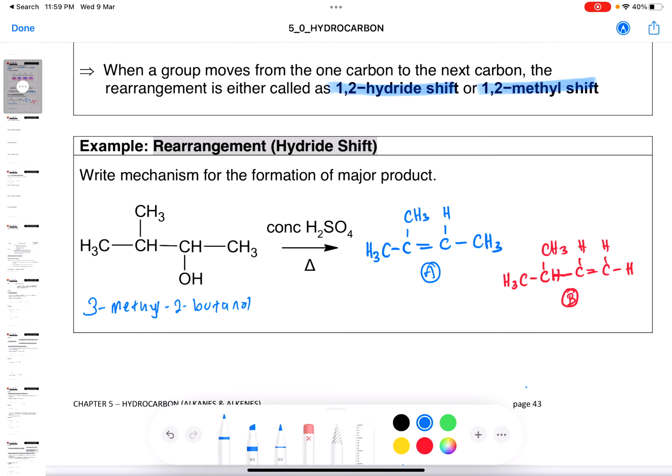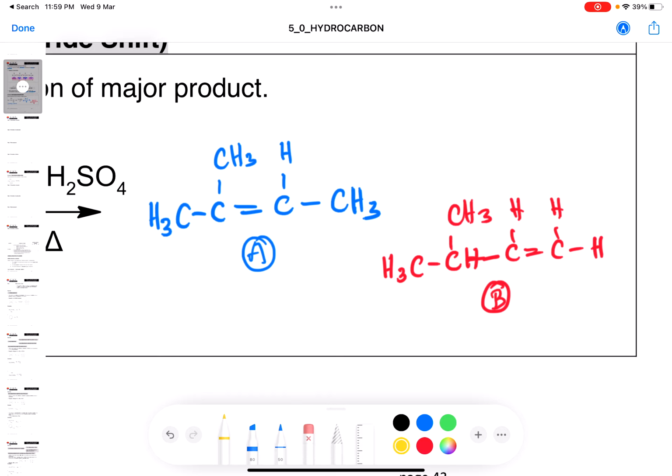Between A and B, can you decide which one is the major product? Yes, the answer would be A. Why?